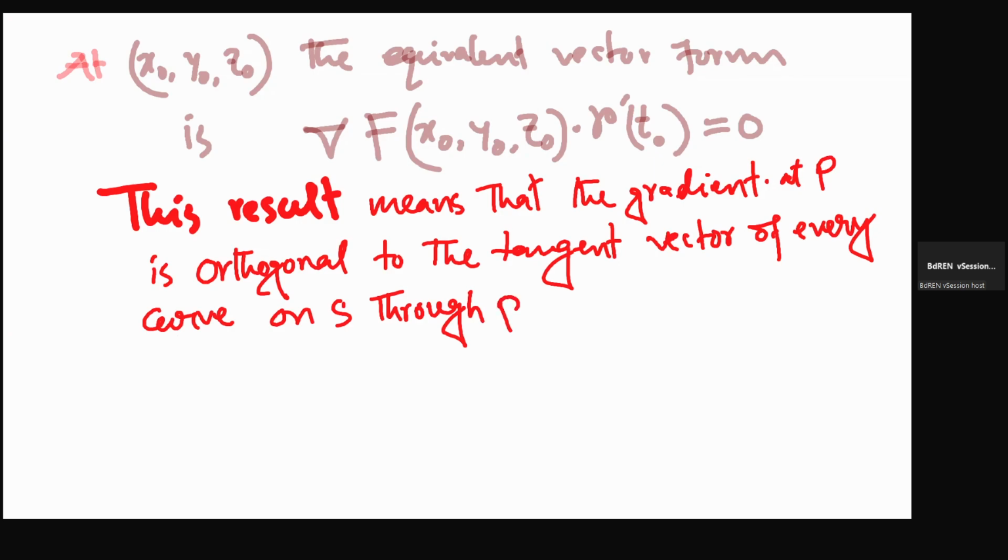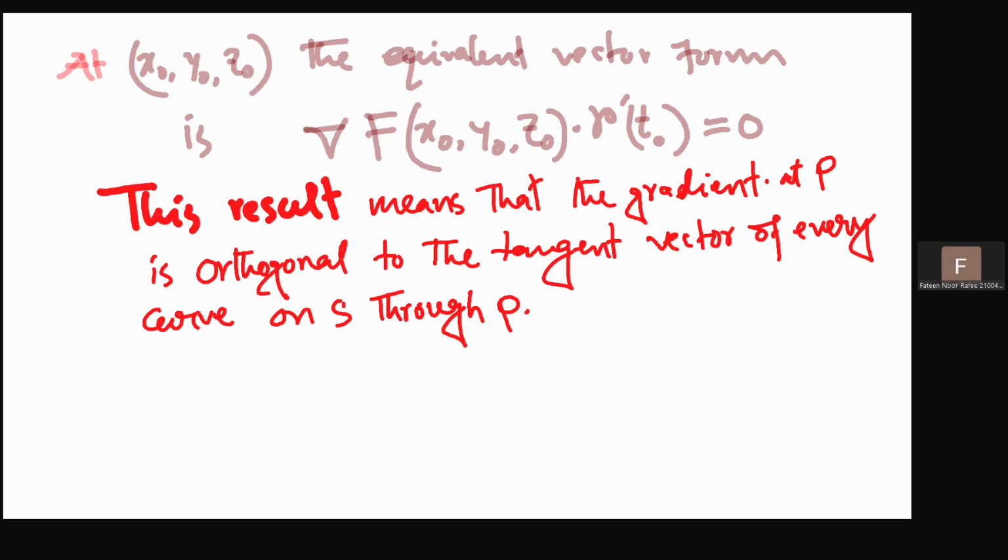Do you understand why I am telling this is orthogonal? Do you know what is the condition to be orthogonal? Dot product has to be 0.